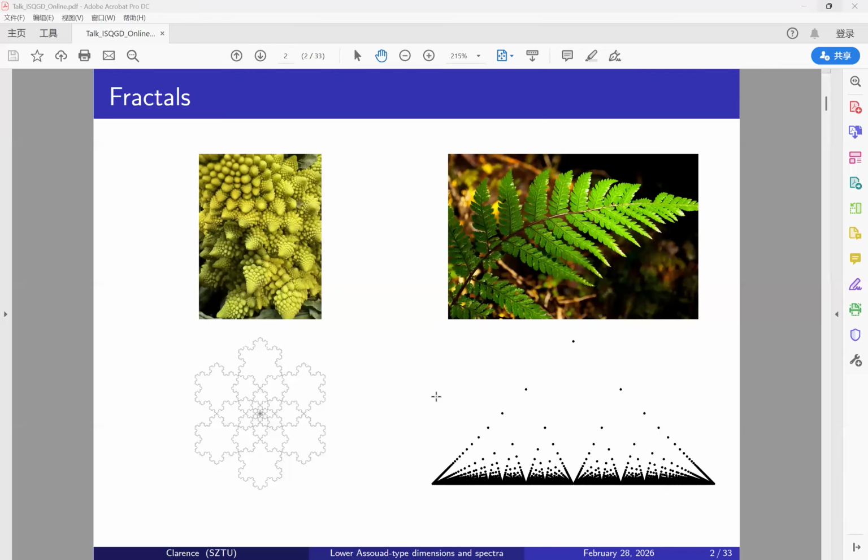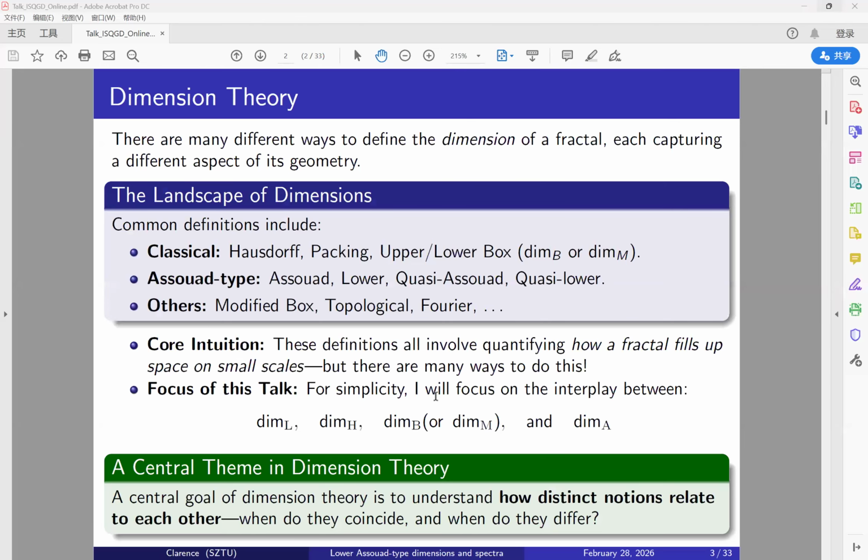A way to describe or quantify fractals is the dimension. Dimension theory is one of the important and natural topics for fractals.